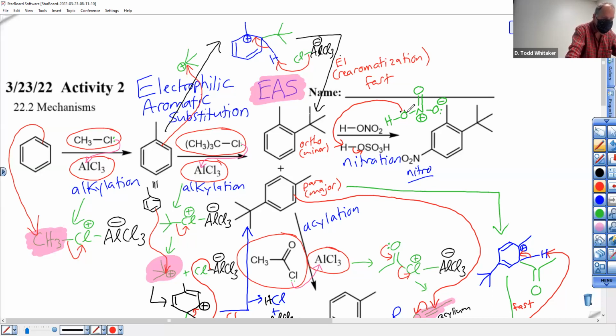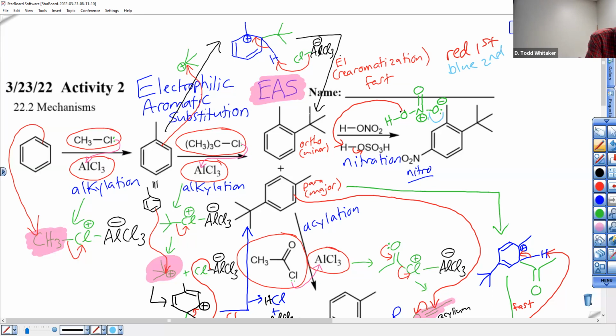Okay, so after you do that, then it's going to dehydrate itself. We're just on this last one, red first. That's to make it a better leaving group. And then blue second. And here it comes.